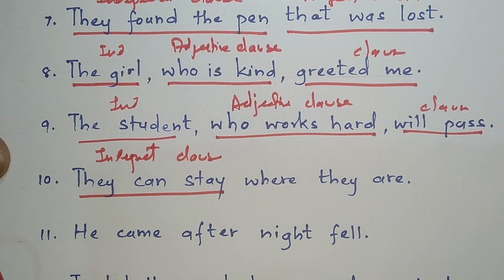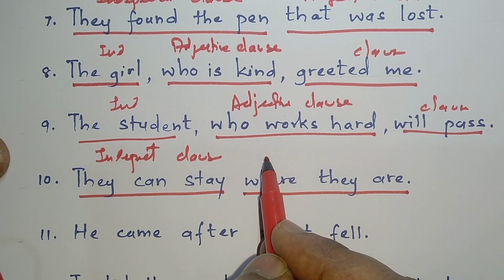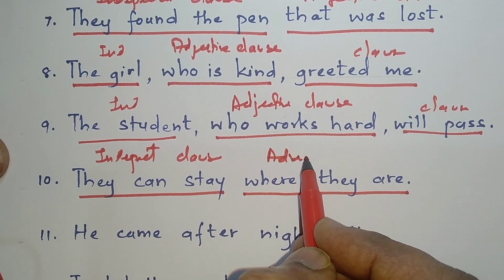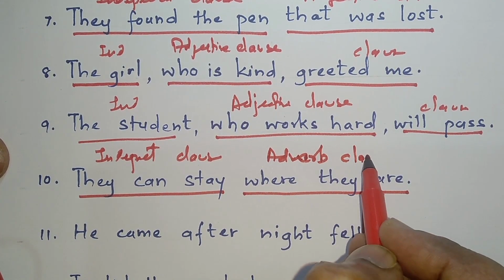There is no noun over here in the independent clause at all. So, friends, if the dependent clause is neither the noun clause nor the adjective clause, then obviously the dependent clause is of the third type, that is the adverb clause.